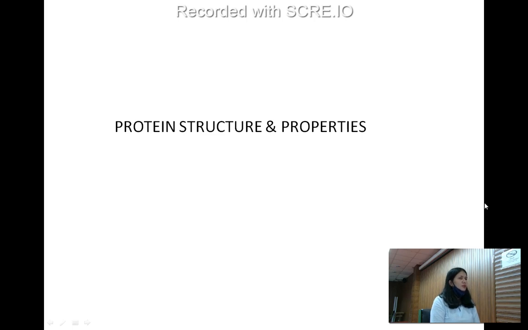Do you define primary structure as a straight polypeptide chain? You have studied the same thing in class 11 and 12 also, isn't it? The structural organization of protein, the same thing is being repeated in your first MBBS. So roll number 1, what is your name? Aditya Gupta, ma'am. Aditya, how will you define primary structure?